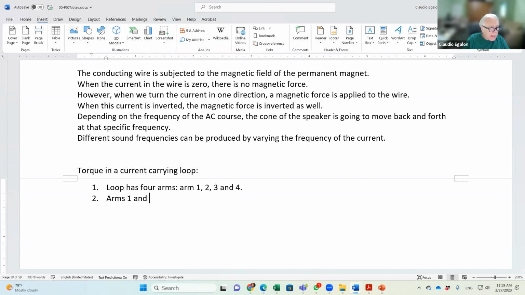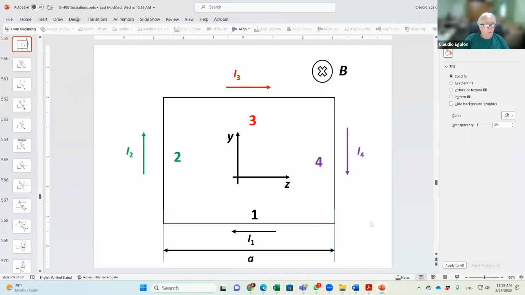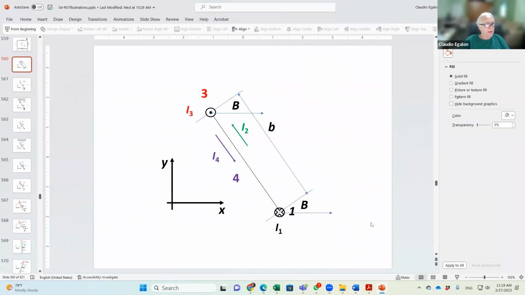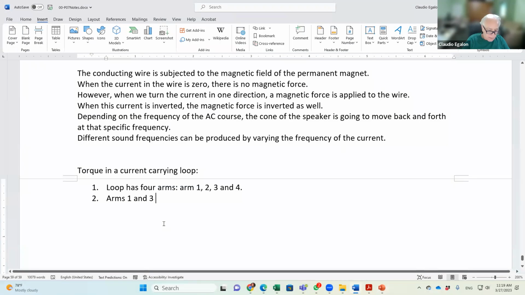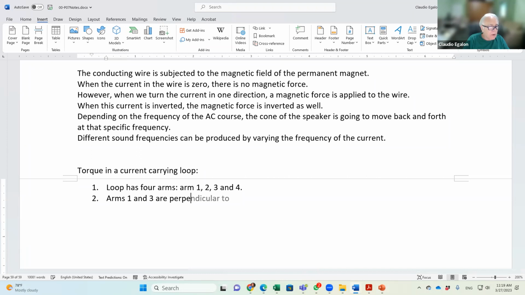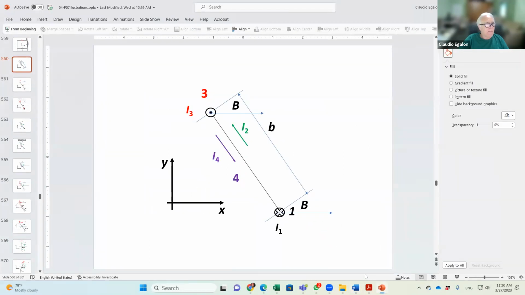Arms 1 and 3 are perpendicular to the magnetic field. Are perpendicular to the B field. Arms 2 and 4, what about arms 2 and 4?